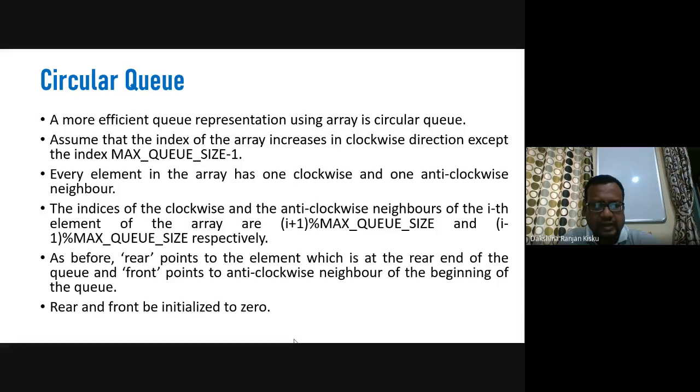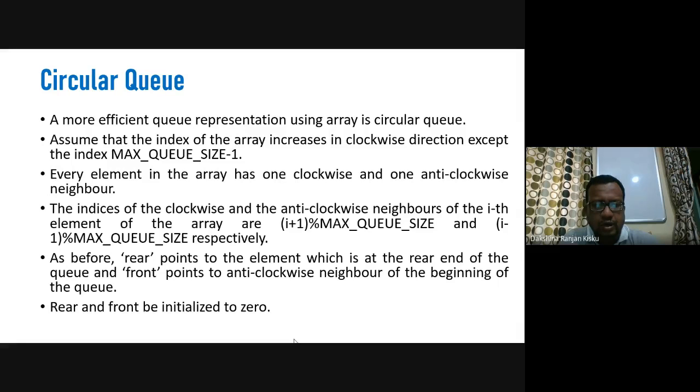The indices of the clockwise and anti-clockwise neighbors of the ith element of the array will become (i + 1) modulo max q size and (i - 1) modulo max q size. So these are the clockwise and anti-clockwise neighbors of the ith element of the array in the circular queue.